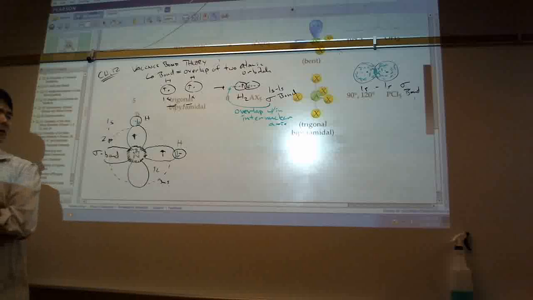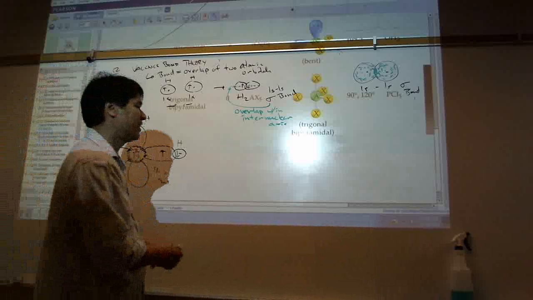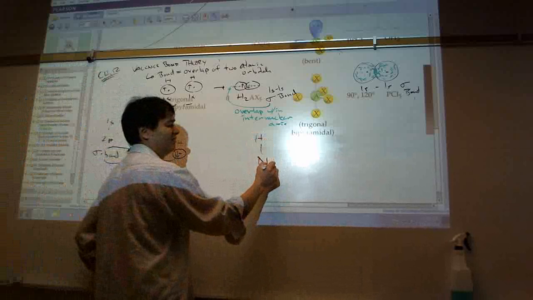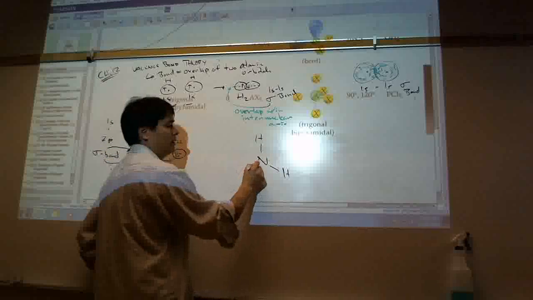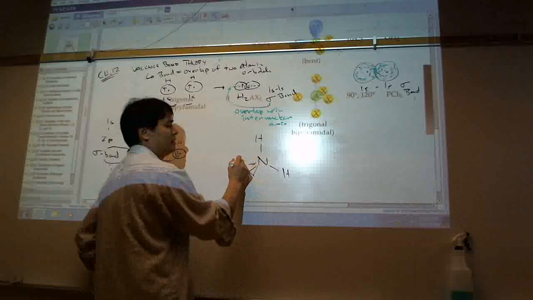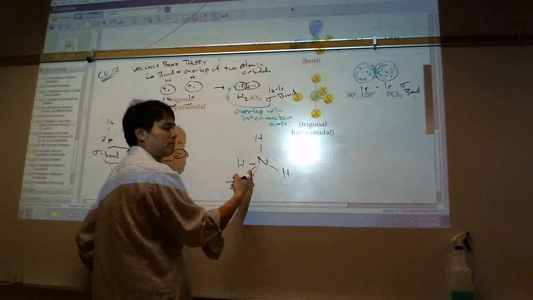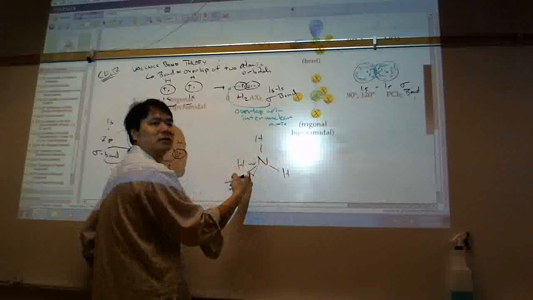And we could see the repulsions here if we go back to ammonium ion. When we look at ammonium ion here, remember we said that this is isotropic, it's symmetric, right? There's no difference between these bonds.